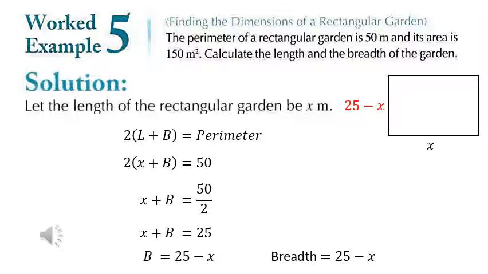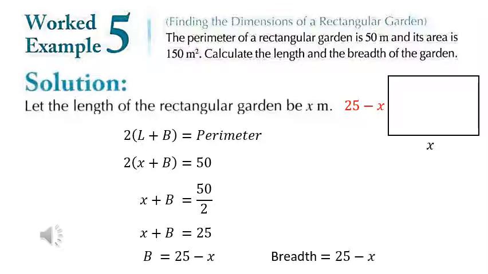The formula of perimeter is 2 into L plus B: 2 times length plus breadth is equal to perimeter. Substitute the value of length x. So we have 2 in bracket x plus b is equal to 50.